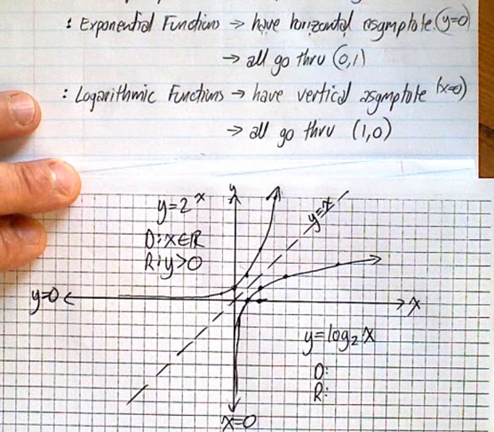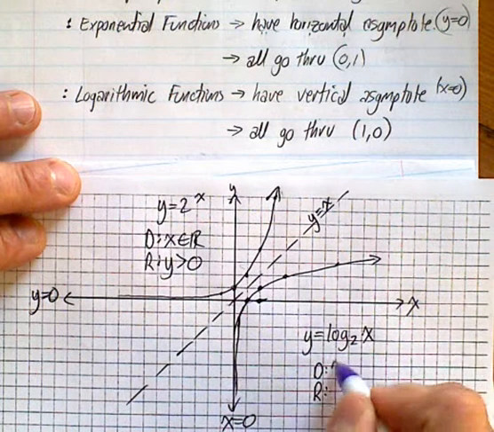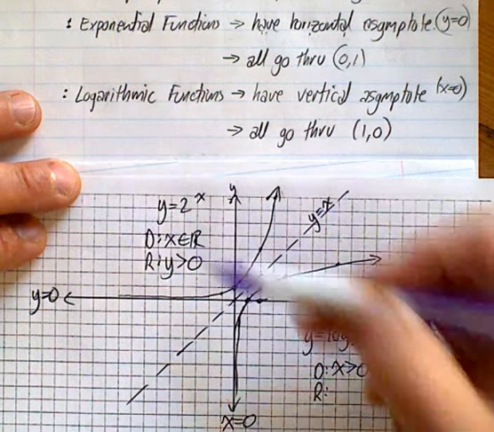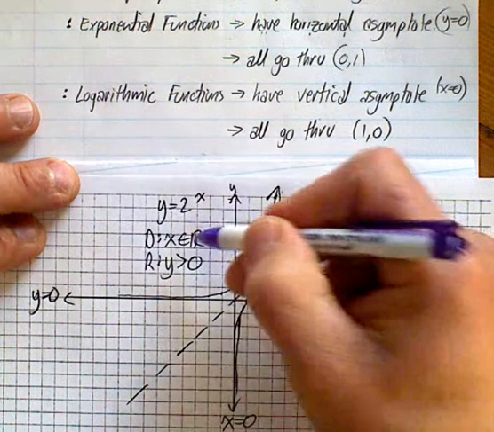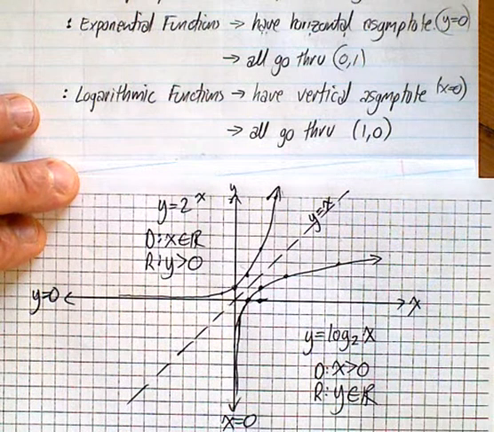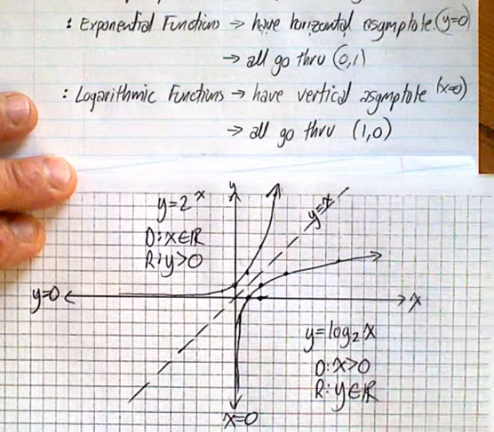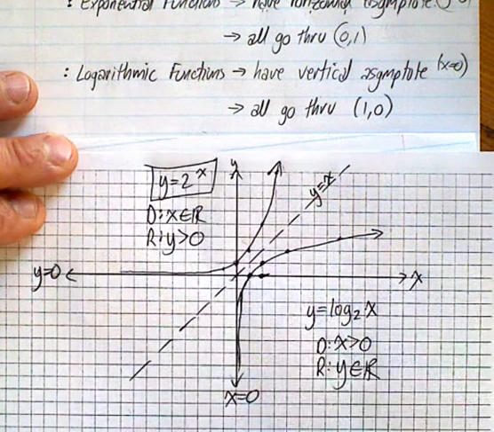Now the domain and the range. Well, look at the domain here. Now the domain starts at 0, so your x has to be greater than 0. That used to be your y, now it's your x. Look at your range. It used to be your x, now it's your y. So your range is all real numbers now. Okay? So that's the exponential function, and the logarithmic function.